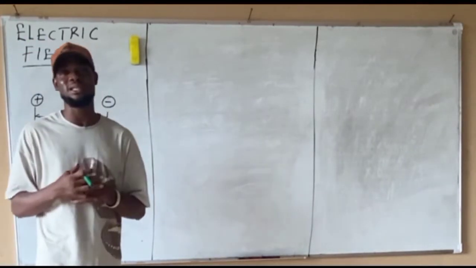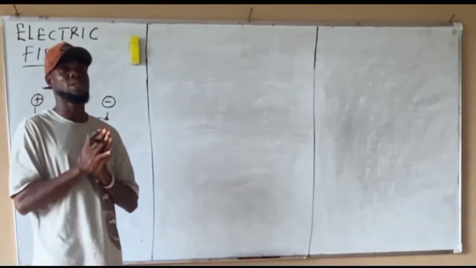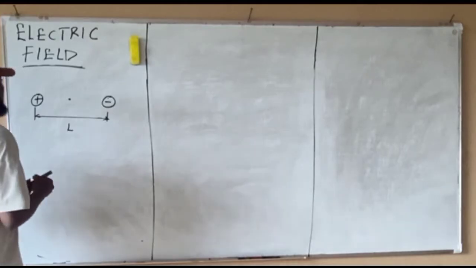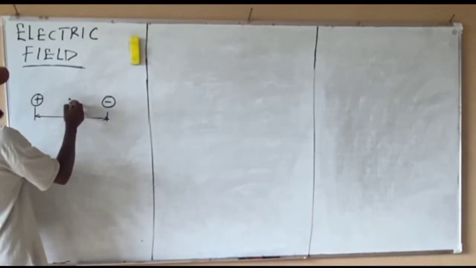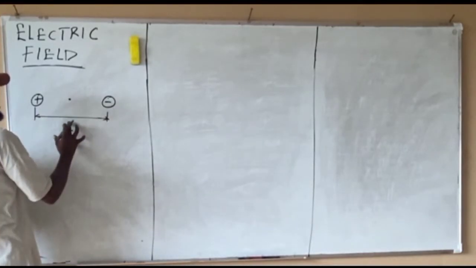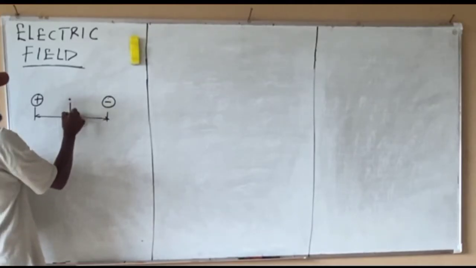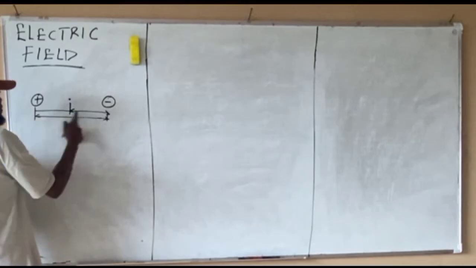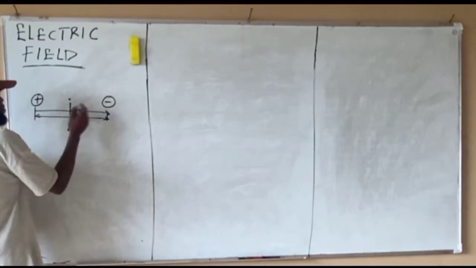You calculate the electric field intensity at their midpoint, or at the center of these 2 charges. So how are you going to do that? Remember, the full distance is L, so from here it will be L over 2, L over 2.